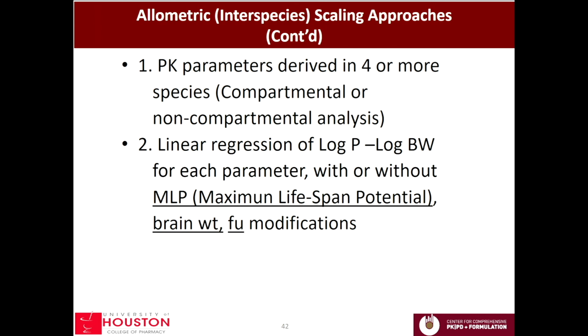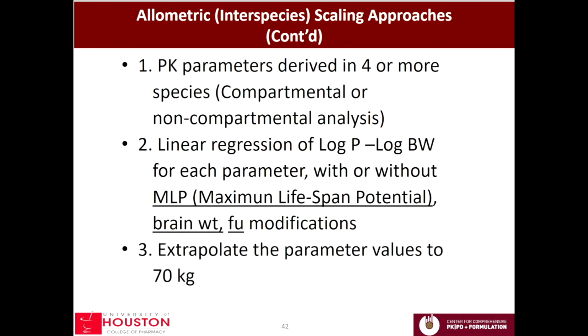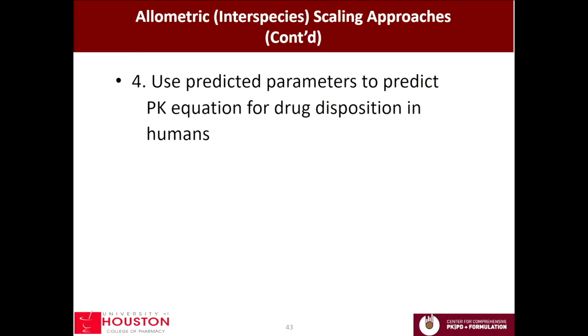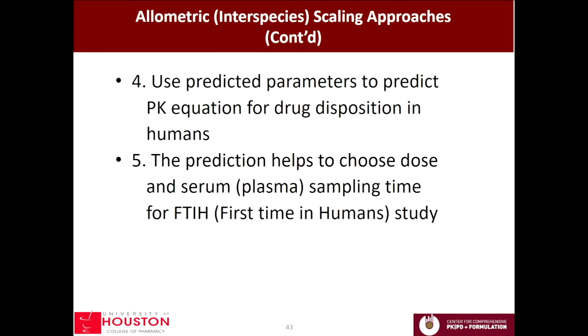Just like a 70 kg human and a 70 kg animal may be different because of those factors. Then we extrapolate the parameter value to a 70 kg human subject, use that to predict the pharmacokinetic parameters in human, and also project what the exposure will be. Then the first study can confirm and validate that model.